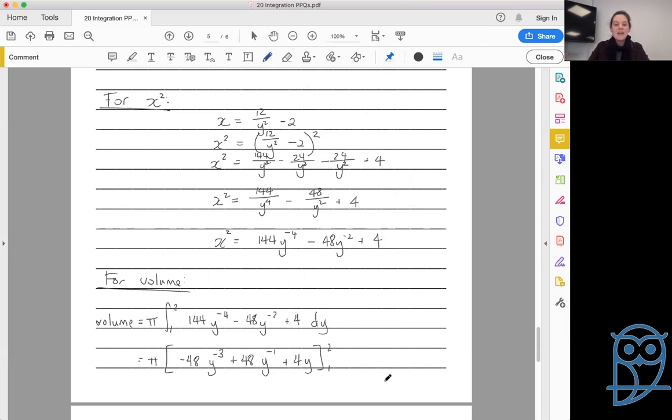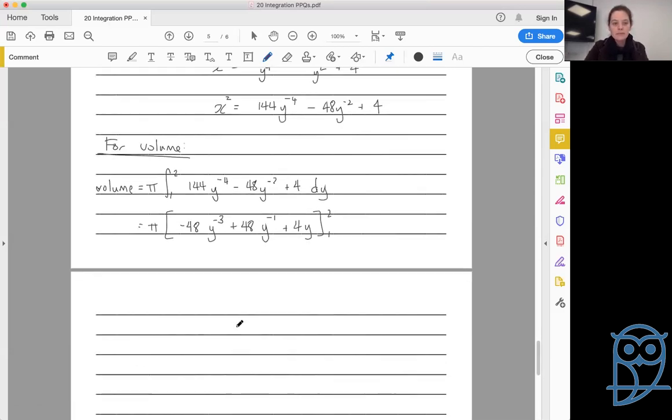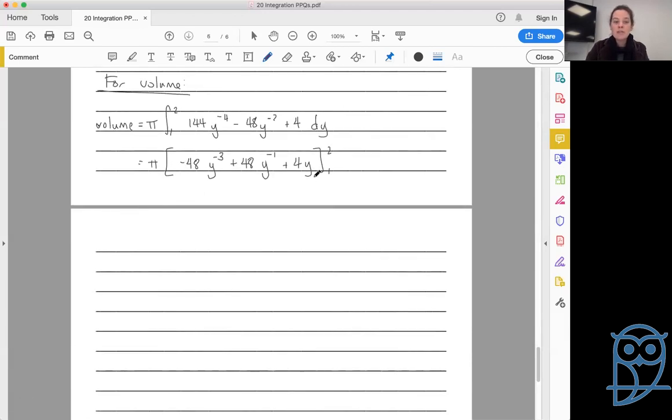Okay, so we have our integrated function. We have our pi sitting waiting. Now we go for our limits, being careful to keep that pi attached to everything. So I like to do it by keeping in a square bracket.